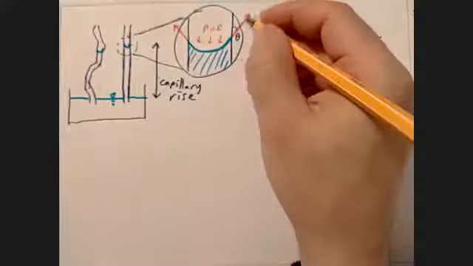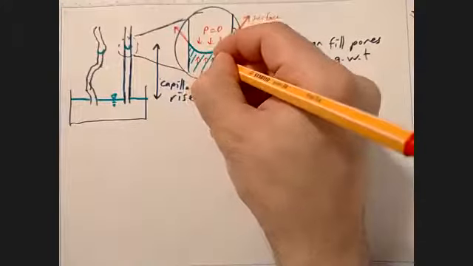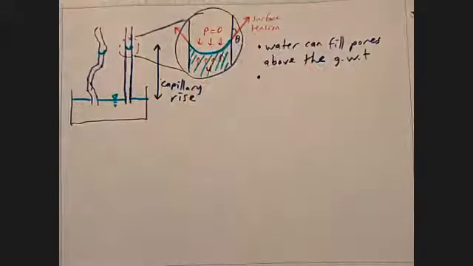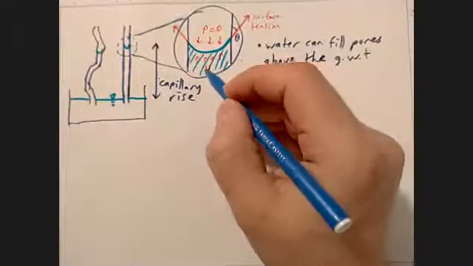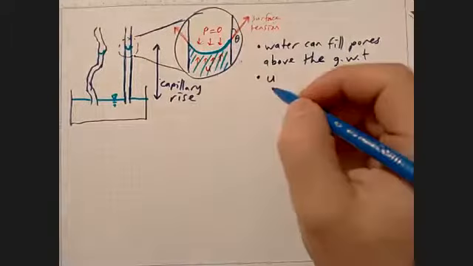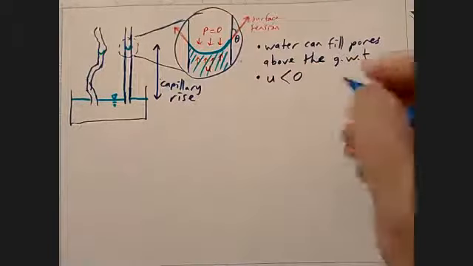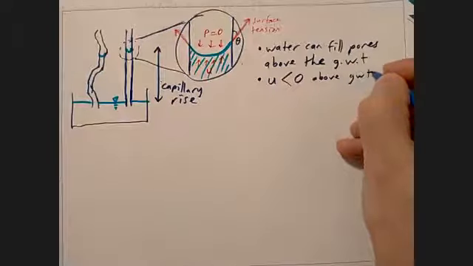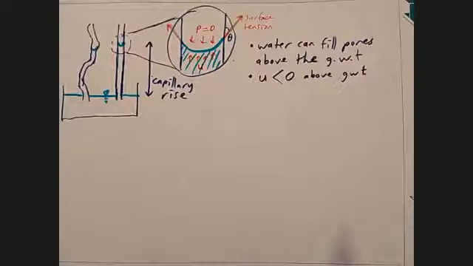This is pulling up, and you have your pore pressure on the bottom side. To balance things, this pore pressure must be less than 0. Of course, only above the groundwater.